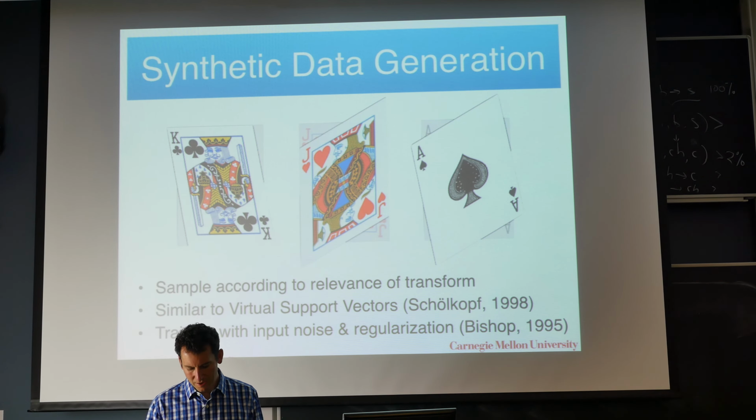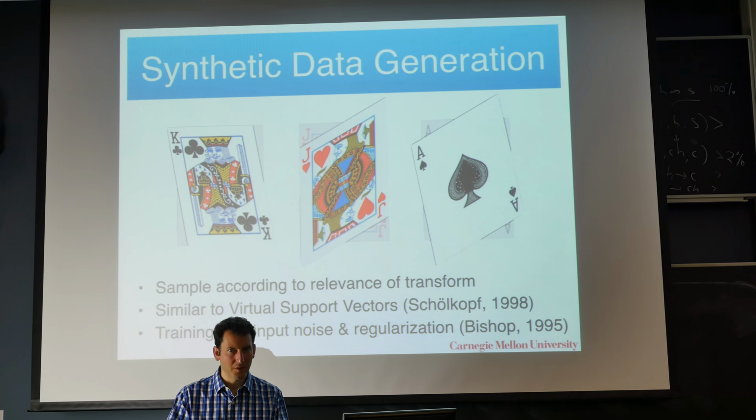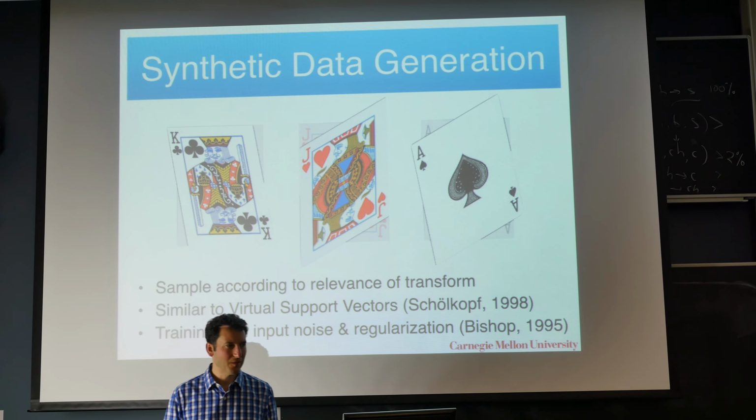So this is actually quite similar to what Bernhard Schölkopf did about 20 years ago with virtual support vectors. And it's also very similar to what Chris Bishop did in '95, so really 20 years ago, when he basically discussed training with input noise and regularization. It's a very cute paper. The analysis is fairly straightforward.